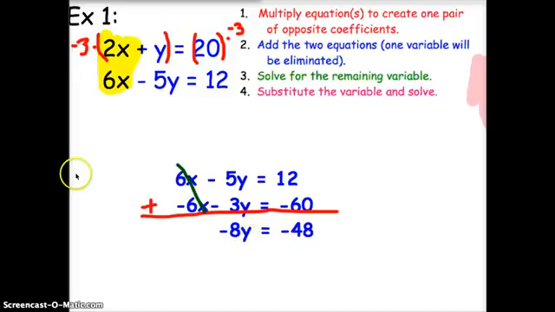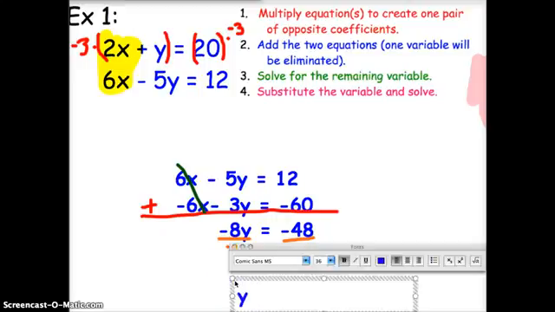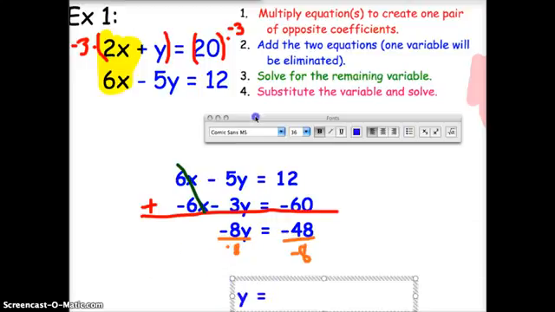Solving for y, I'm going to divide each side by negative 8. And we will end up with y equaling a positive 6.